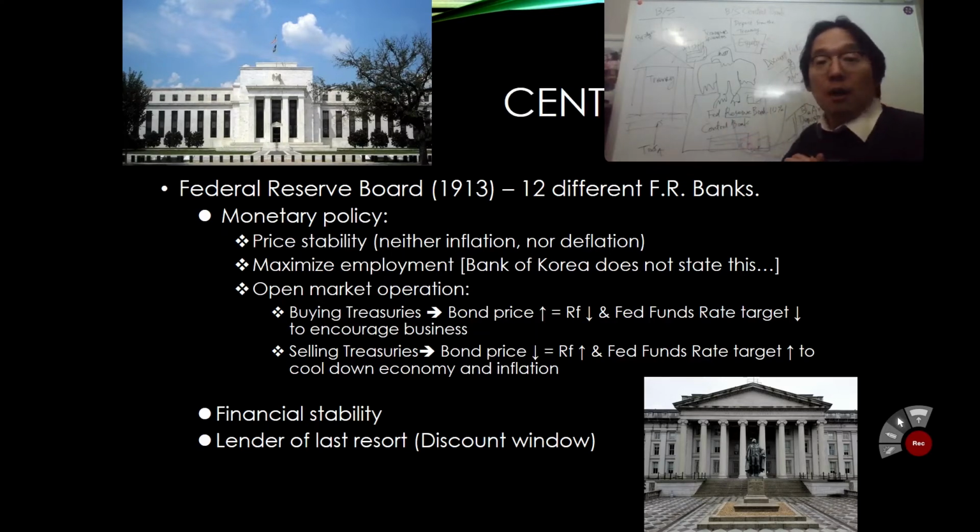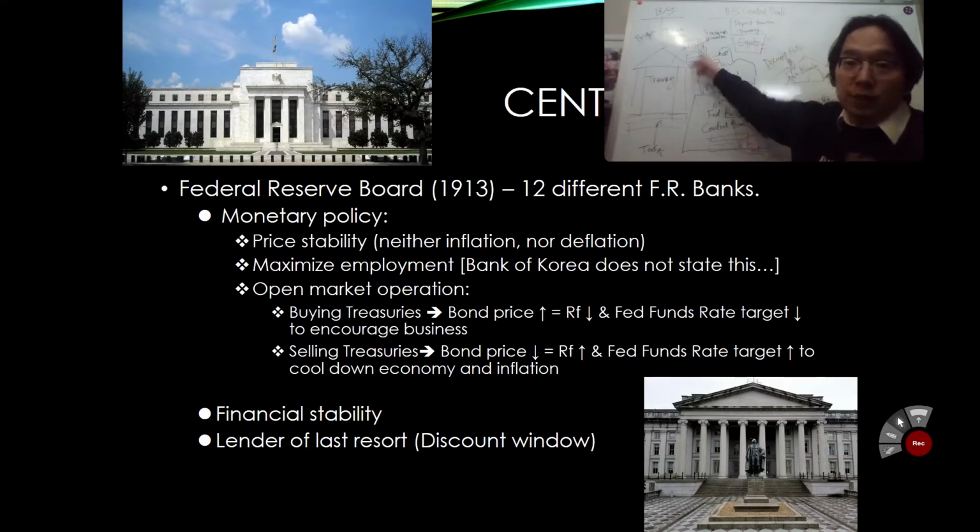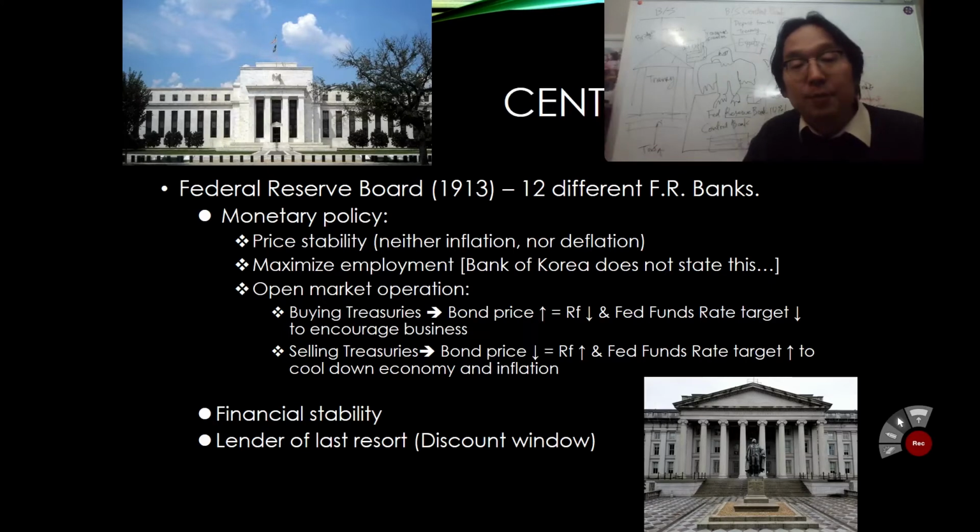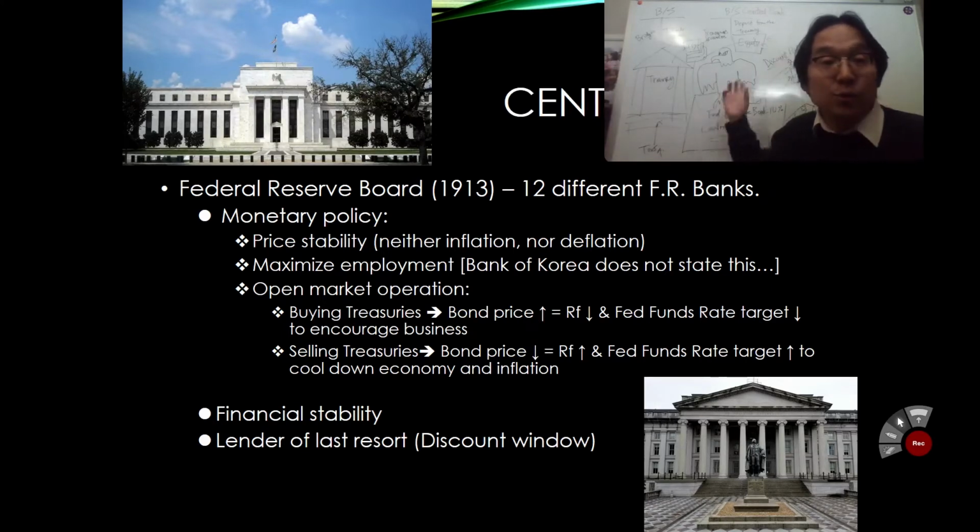Now, how do they implement this kind of monetary policy? I told you before, open market operations in the bond market, US Treasuries. If the central bank buys US Treasuries, the demand increases and the bond price increases.